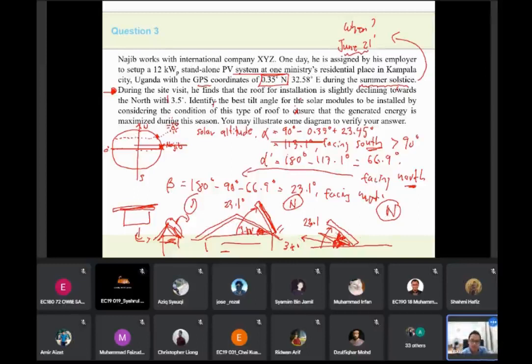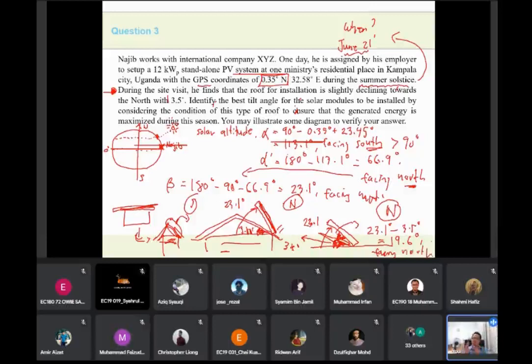So means it is 23.1 minus 3.5. There you get 19 point. Berapa tadi? Siapa yang sebut tadi? 6. Facing to the north. Still north.